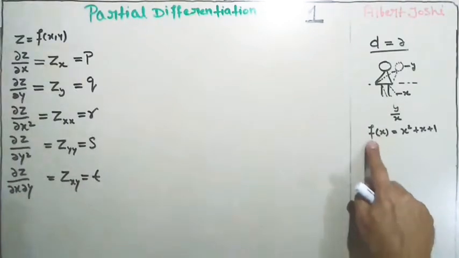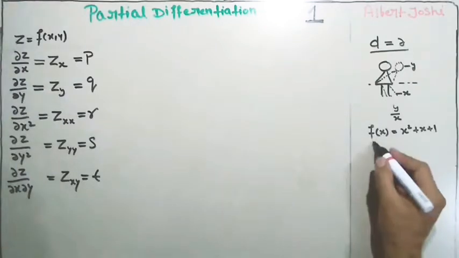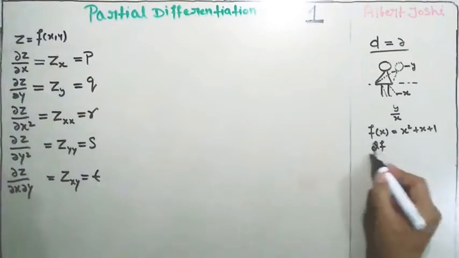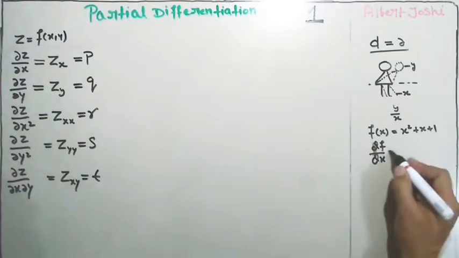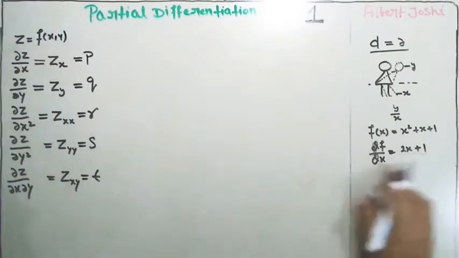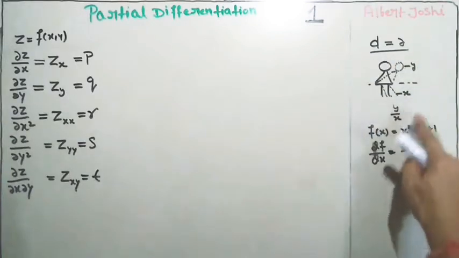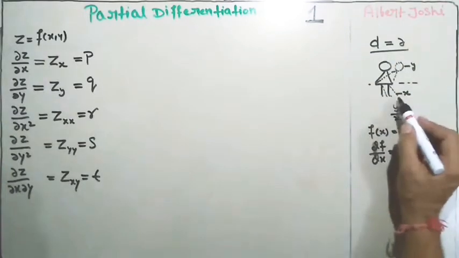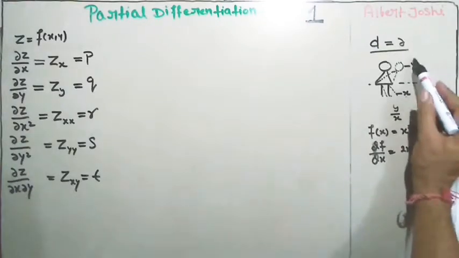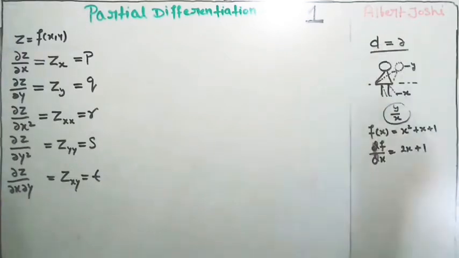Such a function you will differentiate with respect to x, using d upon dx. If you differentiate, you will get 2x plus 1. So this d means the rate of this. If you are moving x, then how much change is in y, that ratio is called d. This d and this d both are same.